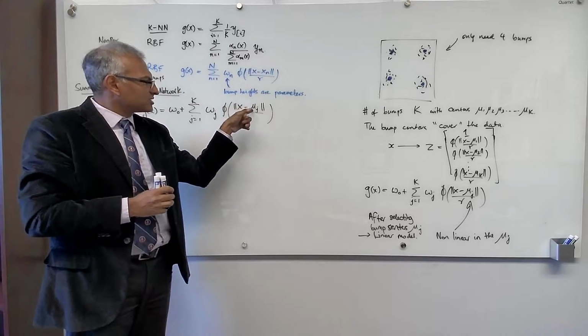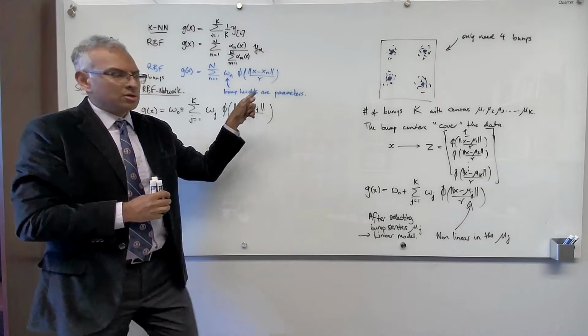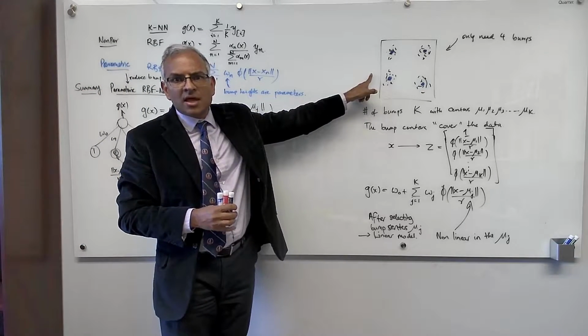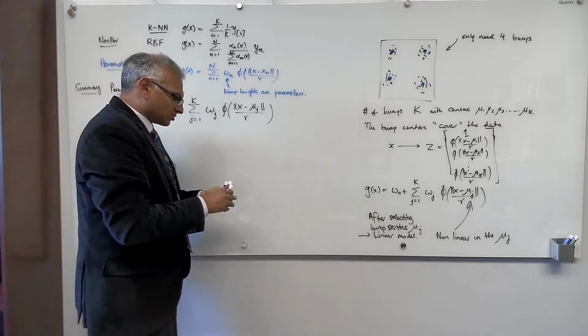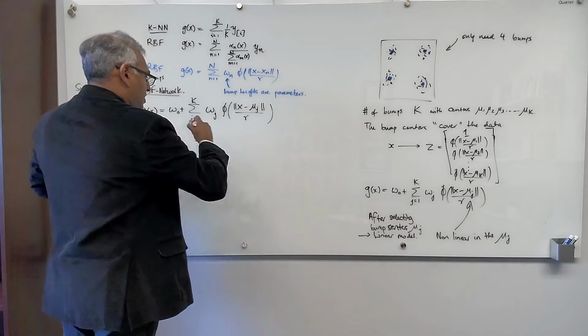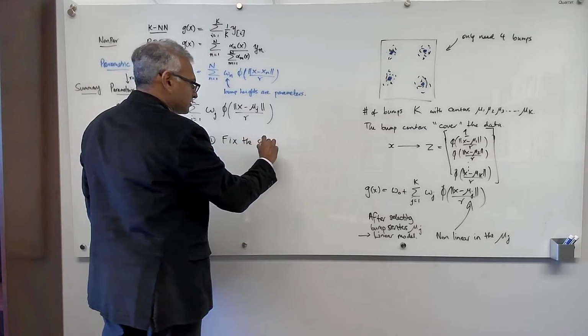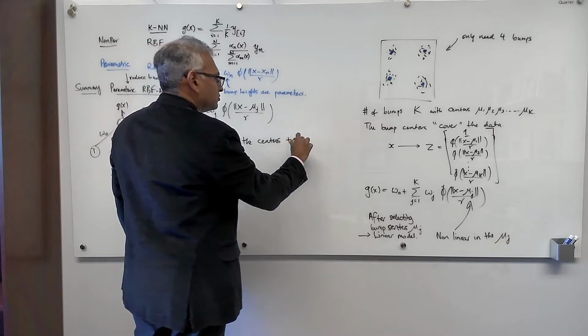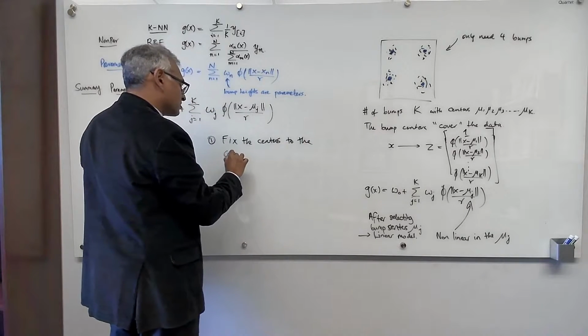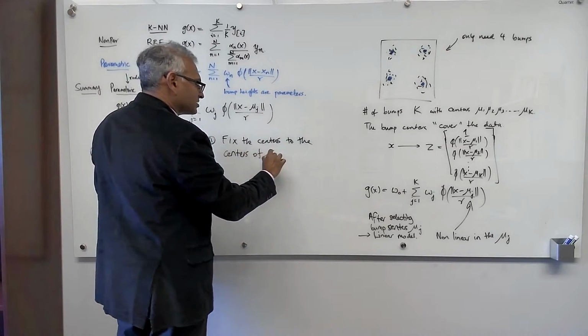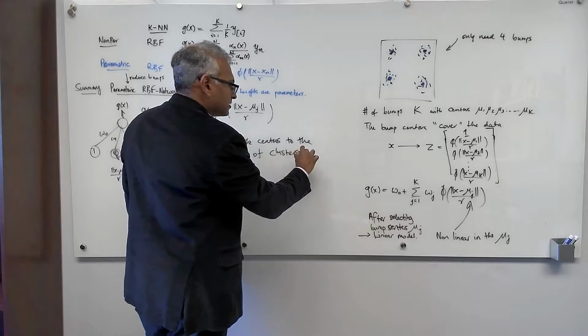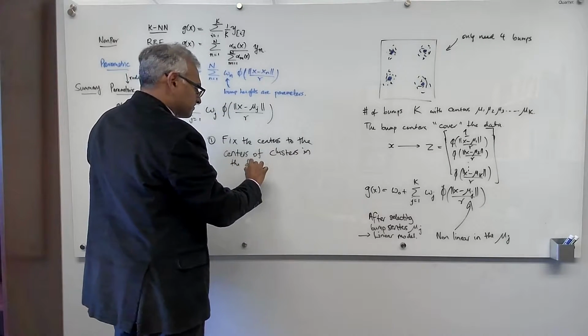In order to fix the weights, we need to fix the centers. And in order to fix the centers, we're going to use this motivation. So how do we fix the centers? Step one: fix the centers to the centers of clusters in the data.